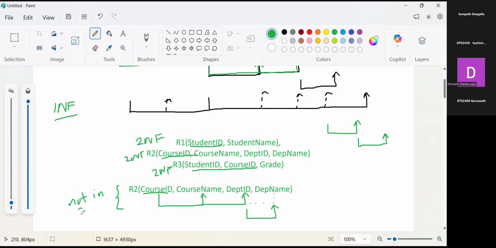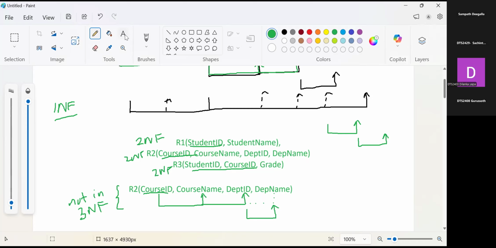Why? There's a transitive dependency. So using course ID, we can determine course name and the department ID, but we can notice that using department ID, we can functionally determine the department name. So this is a transitive dependency.